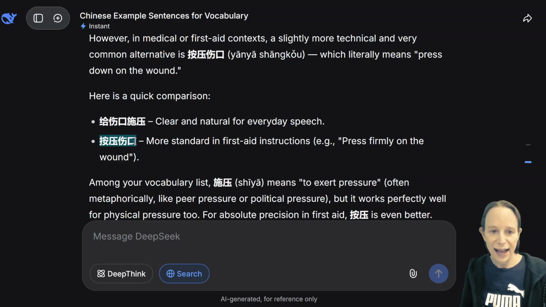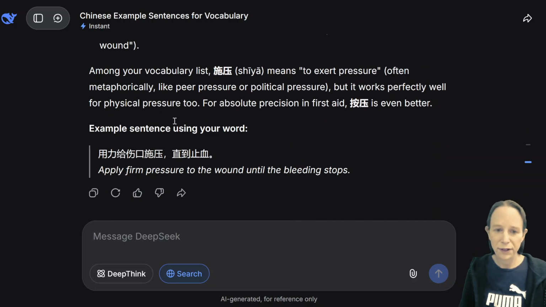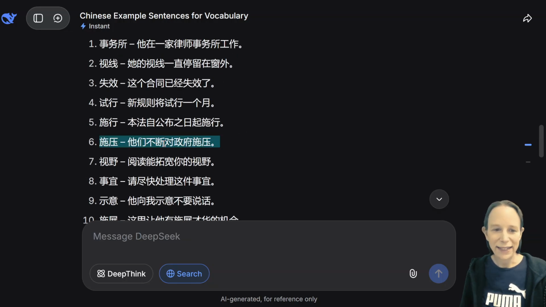Okay, 按压伤口. So this is pushing down on a wound. But maybe there are better words. But it can mean physical, is the main point I want to get across.